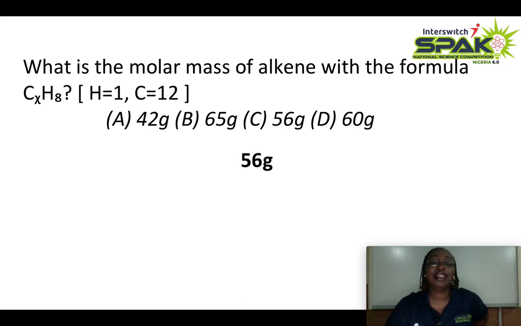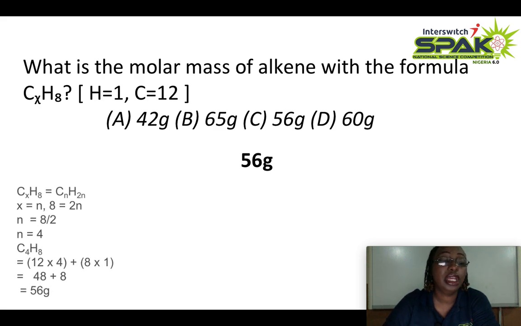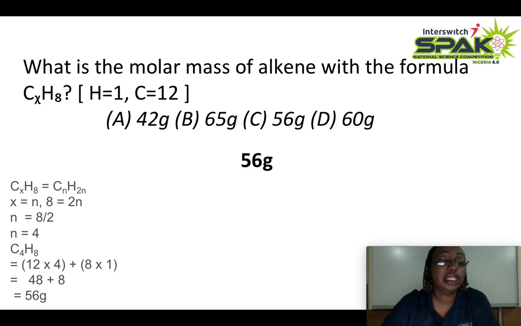What is the molar mass of an alkene with the formula CxH8? H is equal to 1, C is equal to 12. Now, how did you get 56? That is the next step to look at. Because it is an alkene, CxH8 is equal to CnH2n, where x is equivalent to n and 8 is equal to 2n.